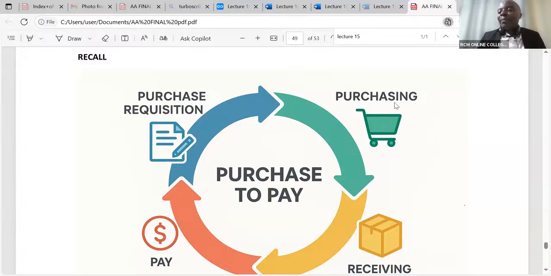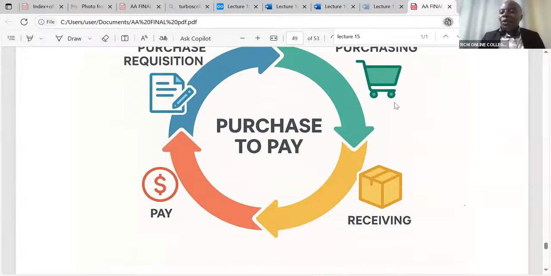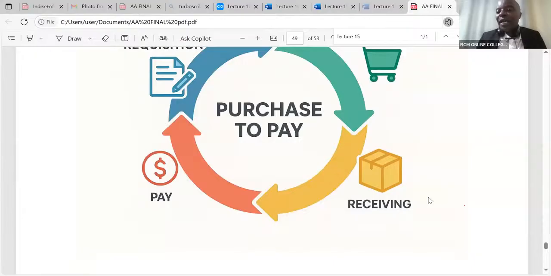Once this supplier gets a purchase order, they'll be able to bring goods. As they bring goods, the warehouse master should be armed with what we call a goods received note. A goods received note, which should also be pre-numbered sequentially.